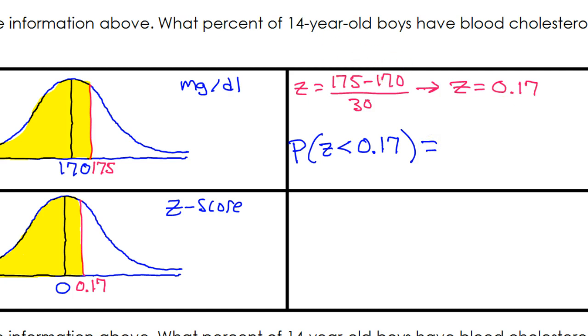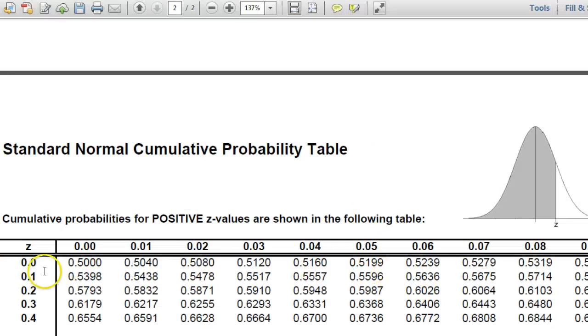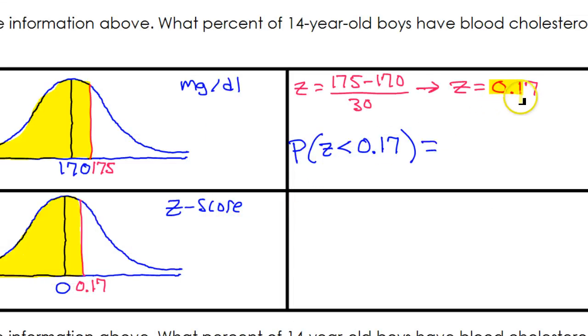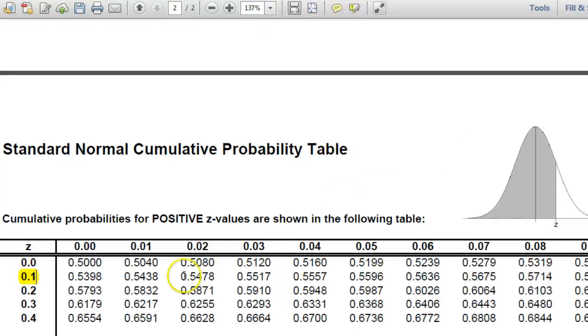I do not need to subtract from 100 this time, so I'm just going to go straight to the chart. Now, when I read a z-score chart, I start with just the first two digits, 0.1. Okay, oh look, there's 0.1 right there, right off the bat. Now, this time I'm not just going to use the first column because there's more. It's 0.17. That 7 tells me to go all the way over here to this column, the one that has a 7 in it.